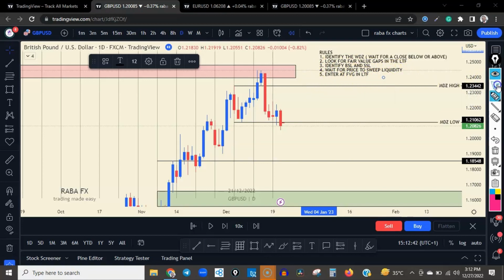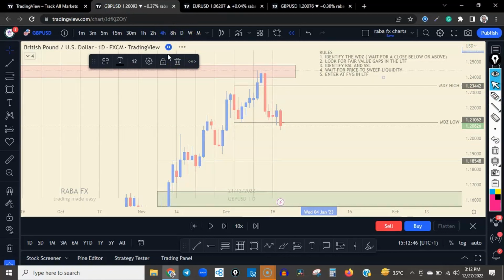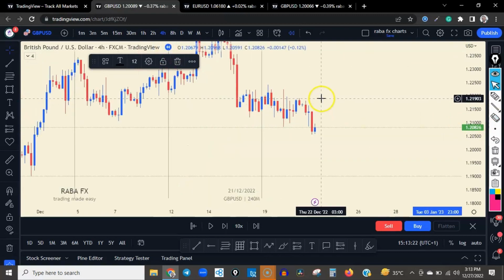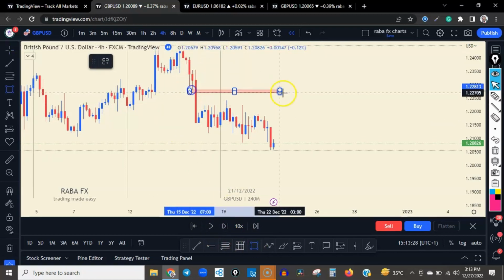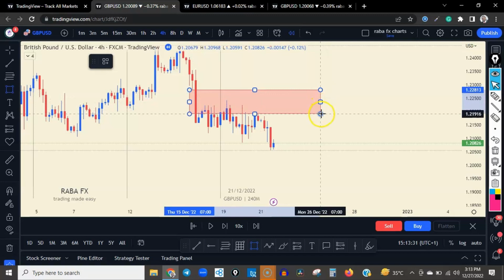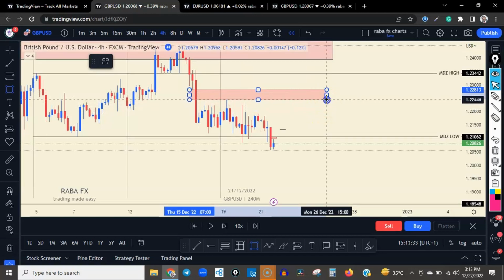So let's look at the lower time frame. In this case, we look at the 4 hours. Now if you look at the 4 hour, we know we have some fair value gap above here. Okay, from here actually, but we filled it up to this point.